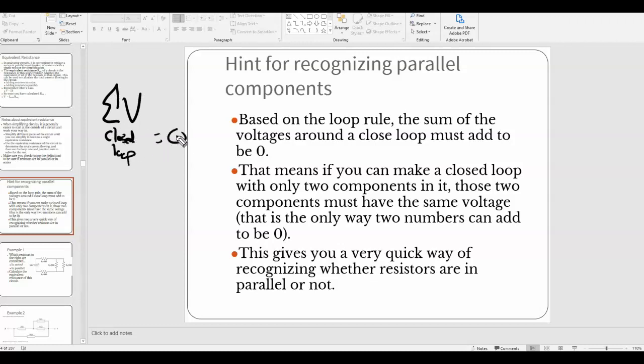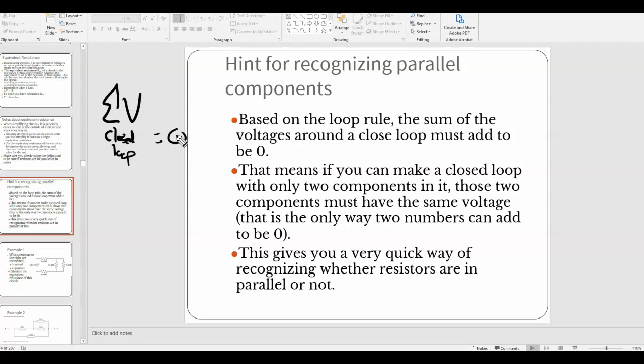Now, because of the loop rule, if you can make a closed loop that only has 2 voltages in it, if those 2 voltages add to be 0, that means those 2 voltages have to be the same number, just with opposite signs. In other words, if you can make a closed loop that only has 2 and exactly 2 components in it, those 2 components must have the same voltage and therefore must be in parallel with each other, okay? Because that's the definition of being in parallel.